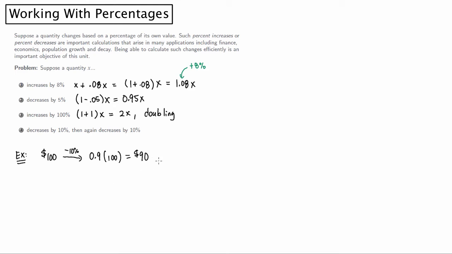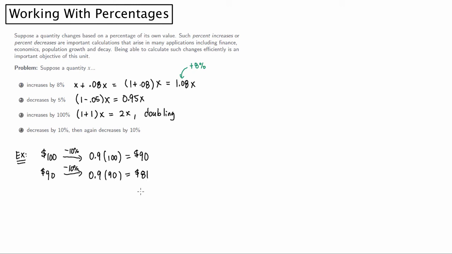If I do that again, then I now have $90. And if I decrease that by another 10%, then that is 0.9 of 90 now. And so the decrease isn't as much. If you take 0.9 times 90, you end up with $81.